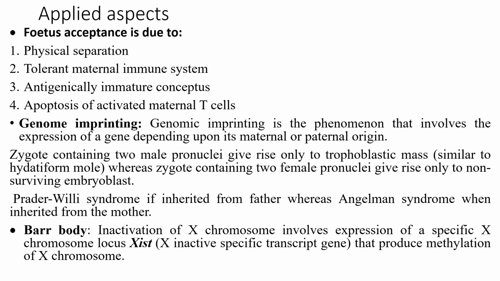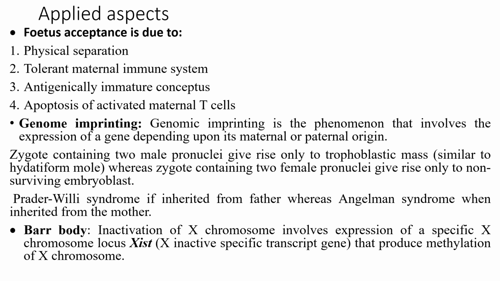The important factors are: first is physical separation. The trophoblast will separate the fetus from the mother, and this trophoblast has poor expression of major histocompatibility complex, which is responsible for immune reaction. Then in the mother, specific hormones are released. They will cause the maternal immune system to become non-responsive to the fetal tissue.